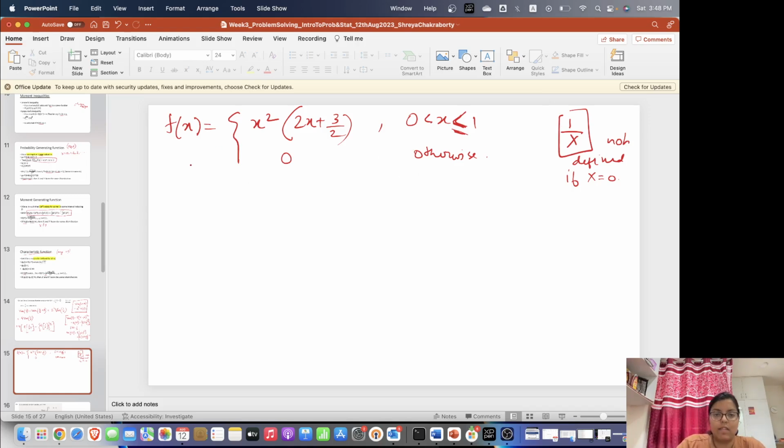Here we have this PDF. We have to find the expectation of 1 by x square, and x is a continuous variable. So we'll write minus infinity to infinity, 1 by x square, f(x) dx.